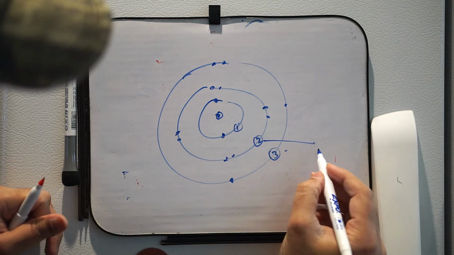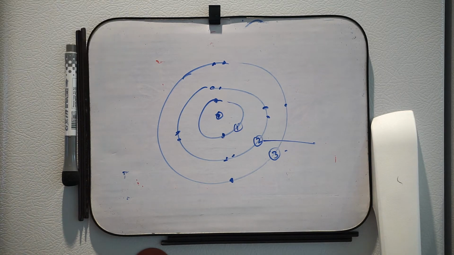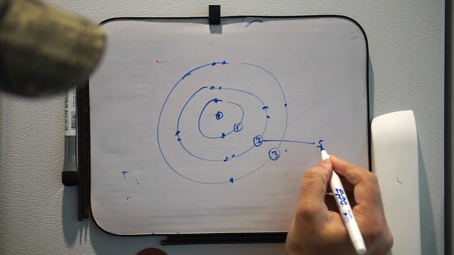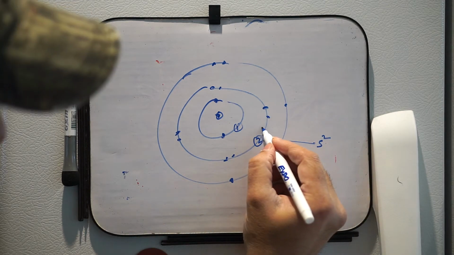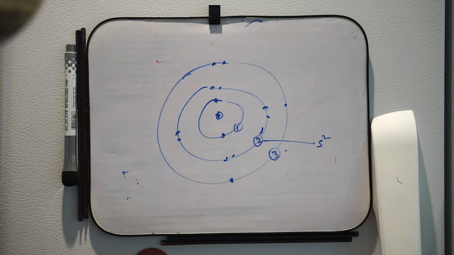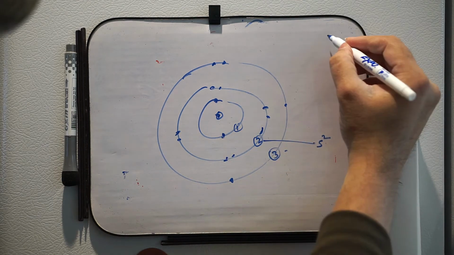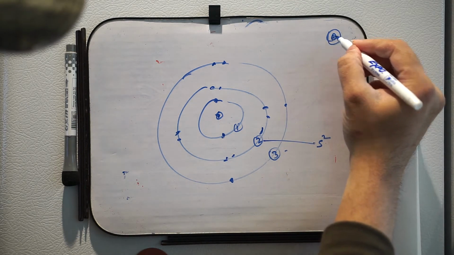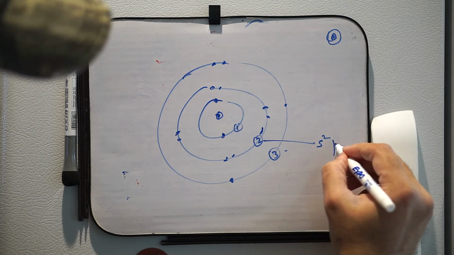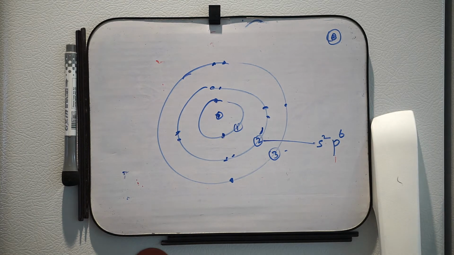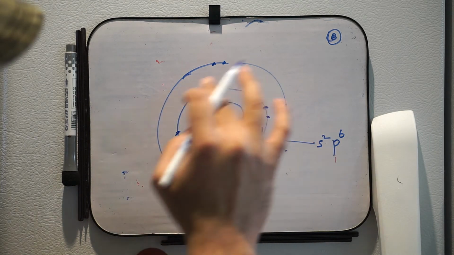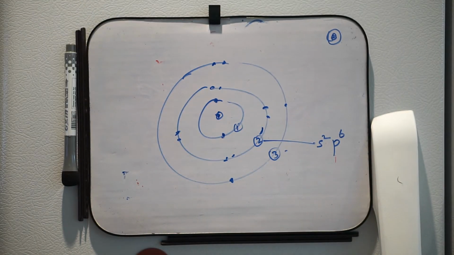Shell 2 has 8 electrons, which is 2 in the s orbital, the inner orbital. That means it's gyrating in the shape of a ball, a concentric ball. Then you've got the p orbital, okay? It's got 6 electrons in the p orbital, and it's completely full. So that shell number 2 is stable.